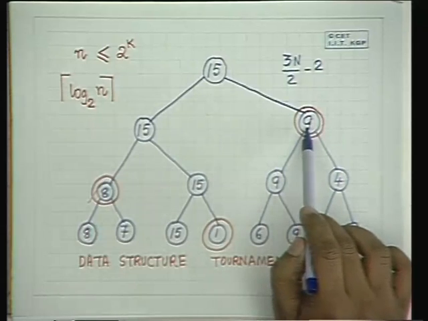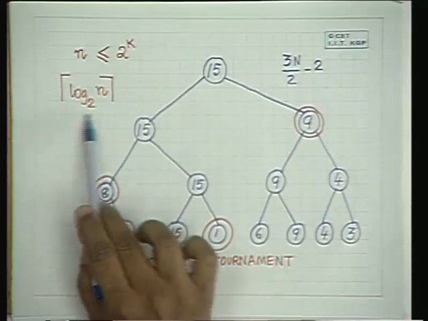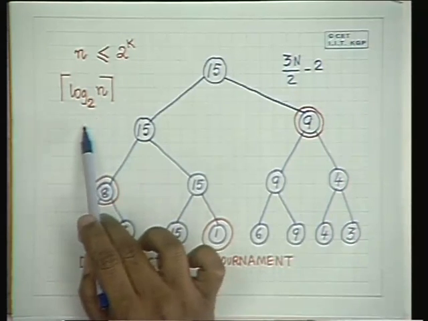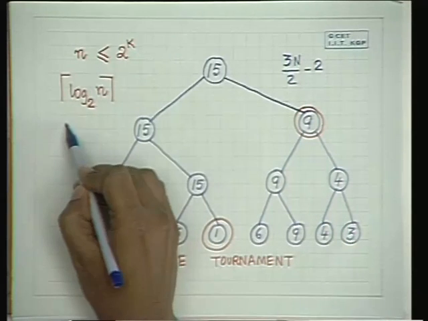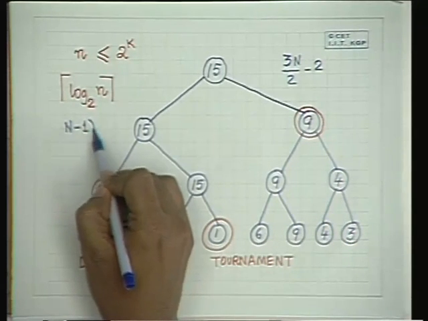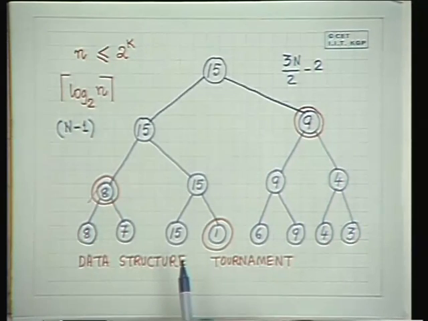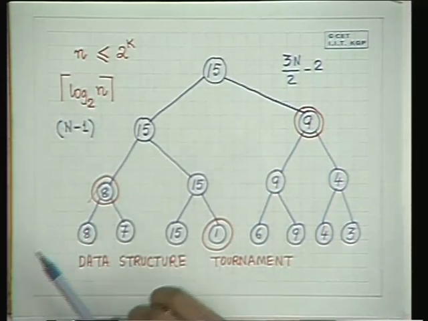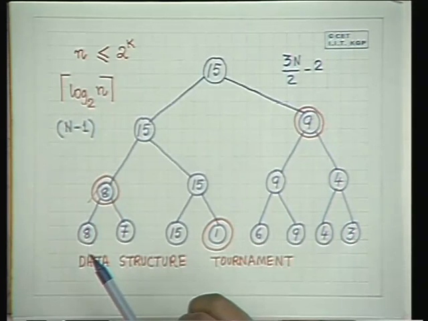The number of elements to be compared to find the second largest number was the ceiling of log n to the base 2, which is the height of the tree, or the length of the longest path in the tree in the worst case scenario. Therefore, finding the largest number would have taken n minus 1 comparisons, and finding the second largest number would have taken only log n to the base 2 comparisons, ceiling obviously. Therefore, this is a much more efficient way to find the maximum and the second maximum of n numbers.